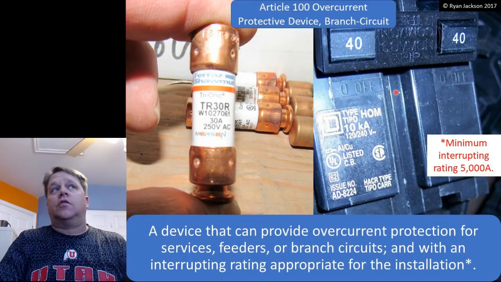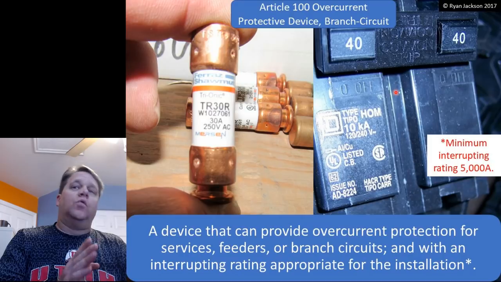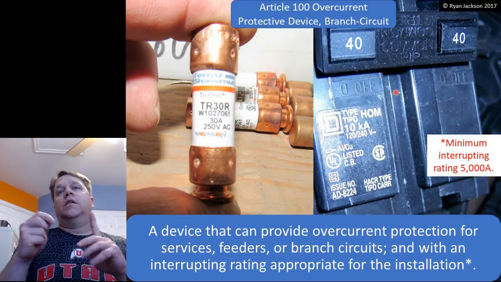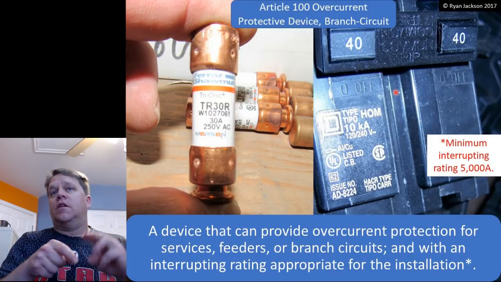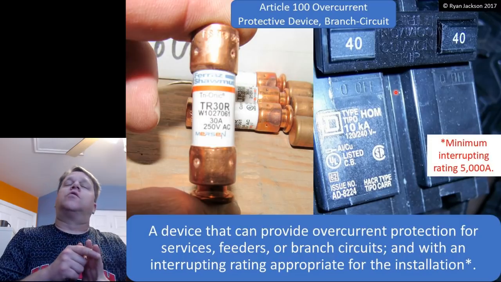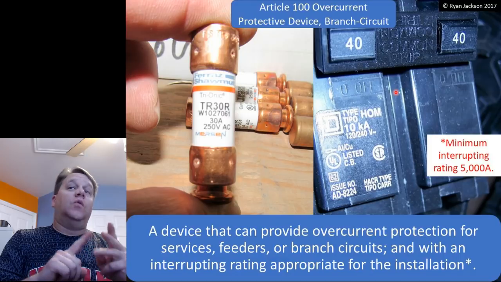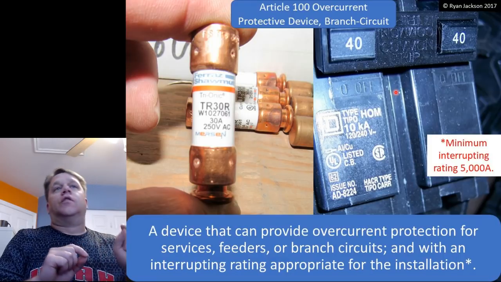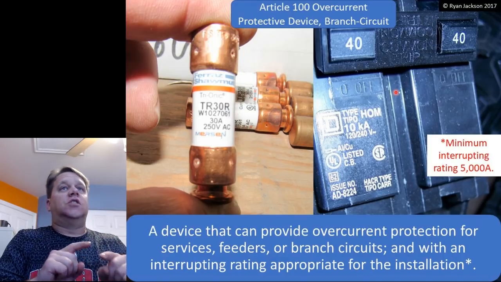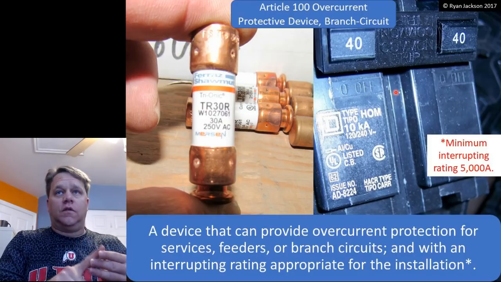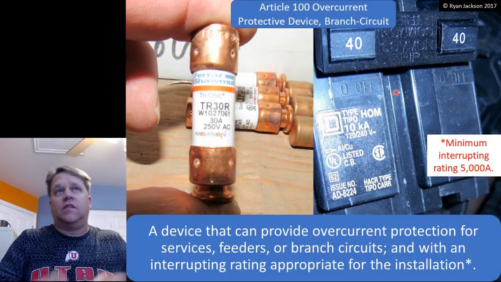That is an overcurrent device. Both of those will provide protection against what? Against overloads, ground faults, and short circuits. It's critically important that you understand that overcurrent is any one of those three, and overcurrent protection is protection against all three: overloads, ground faults, and short circuits.